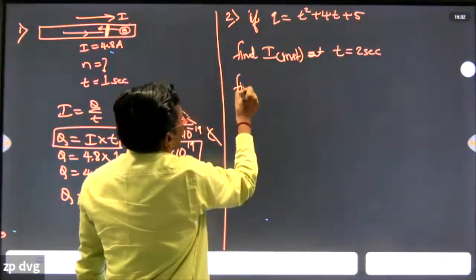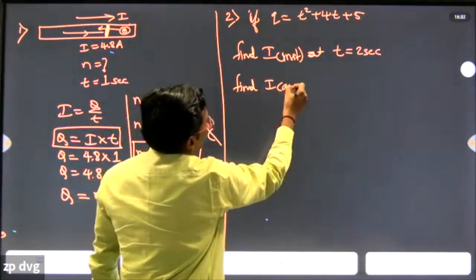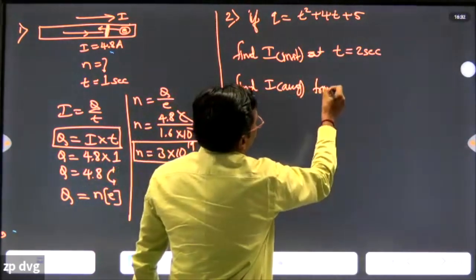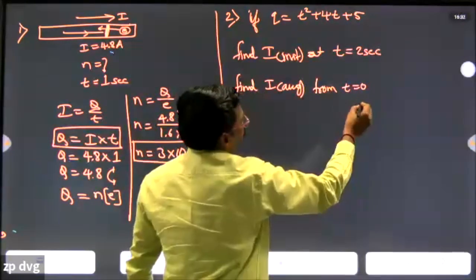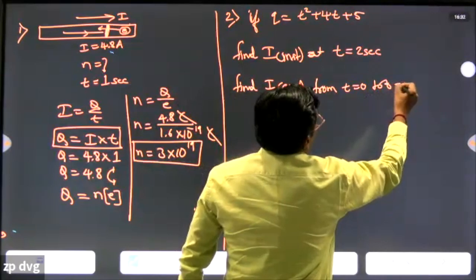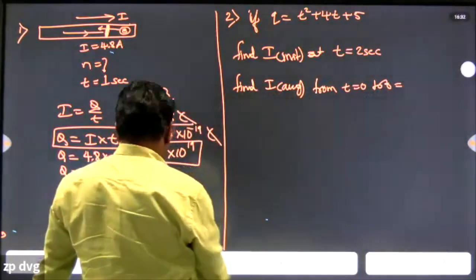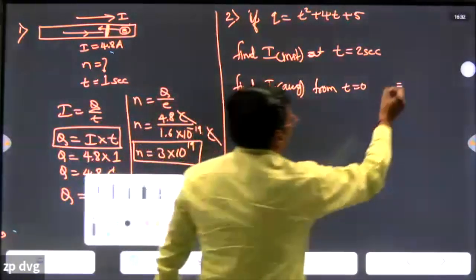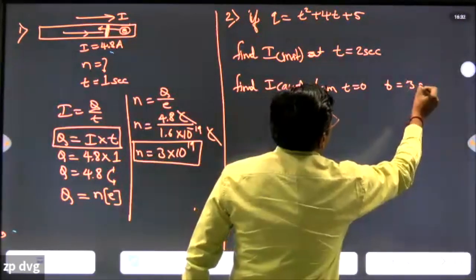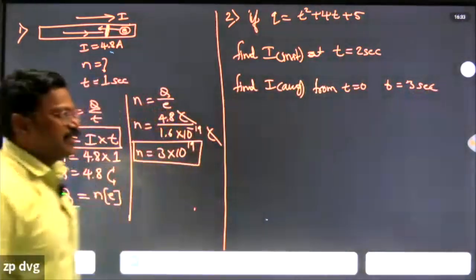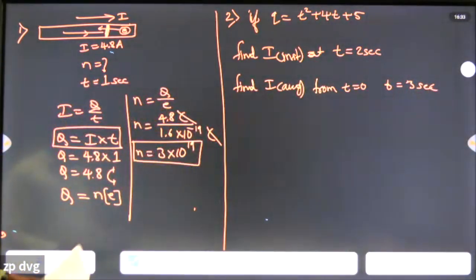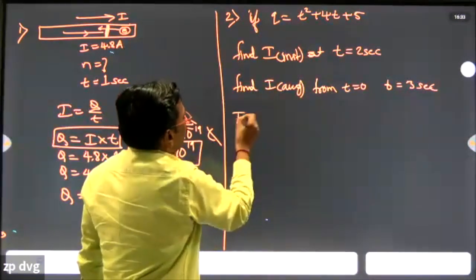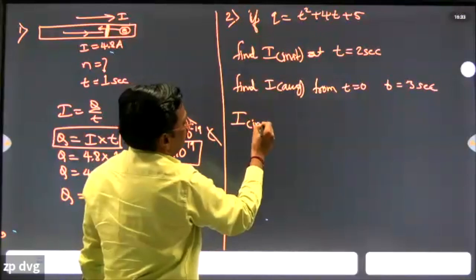Also find the average current from t equal to 0 to t equal to 3 seconds. Alright, so if you are given the equation for charge as a function of time, we can find the value of instantaneous current.